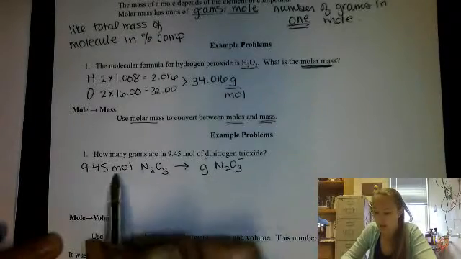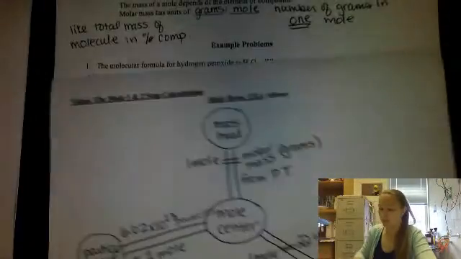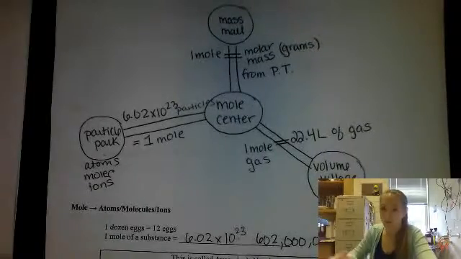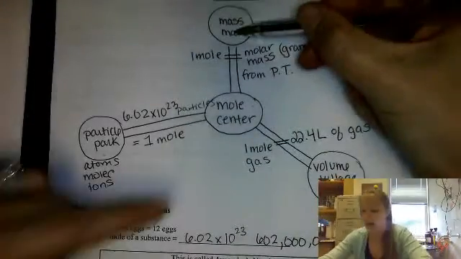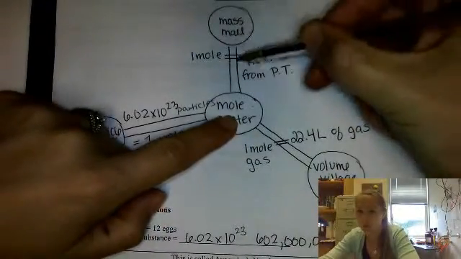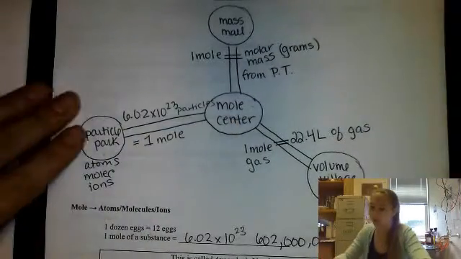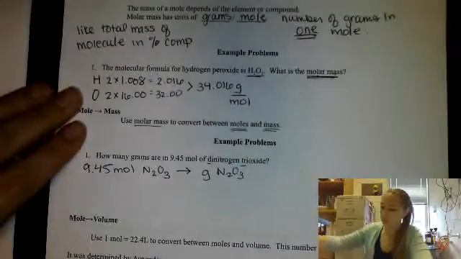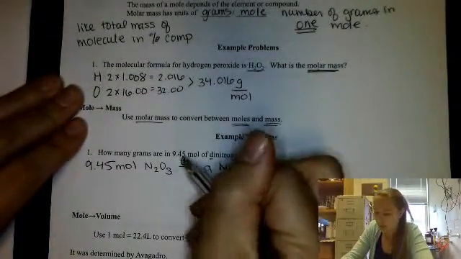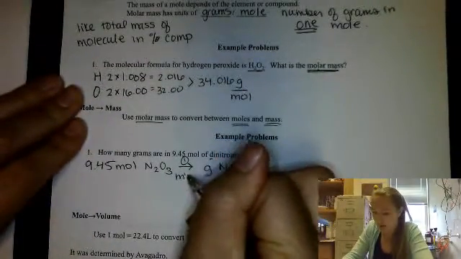Next, I check back: can I get from moles to grams in 1 step? Well, going from moles to grams, the distance between here is 1 path, so I can get there in 1 step using my molar mass.